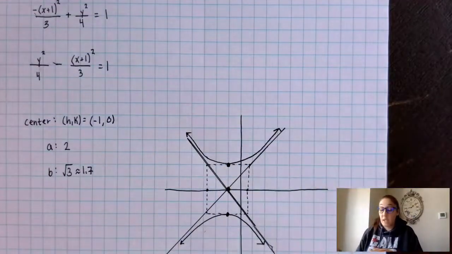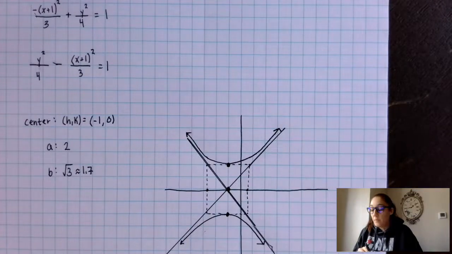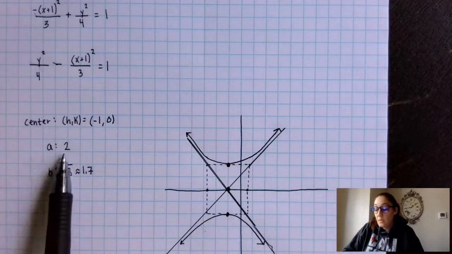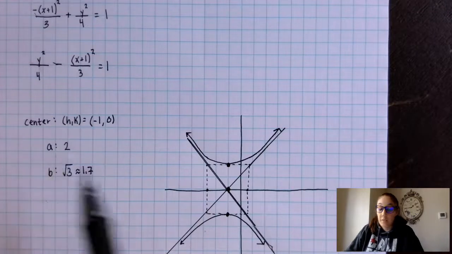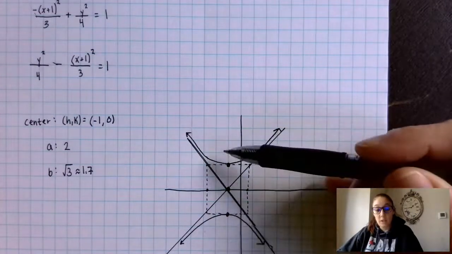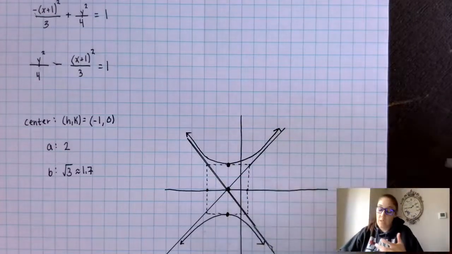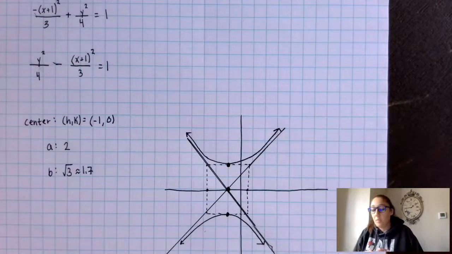So you have to be really careful in your very last step that you know the orientation of the hyperbola and which ones are the vertices. The vertices are always the ones farthest away from the center. It's the longer axis. That's why this is the transverse axis. These are 2 units away, whereas this is 1.7 units away. So you can also use that to help remind yourself.